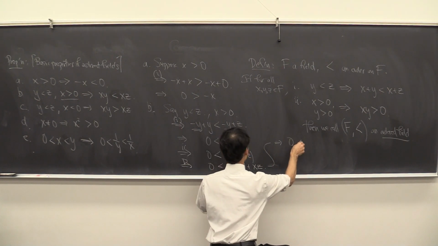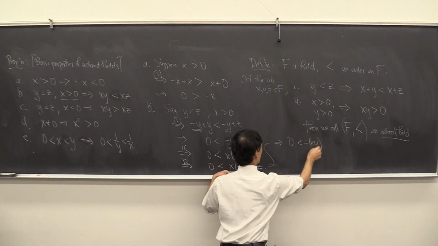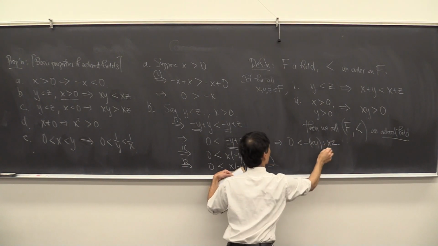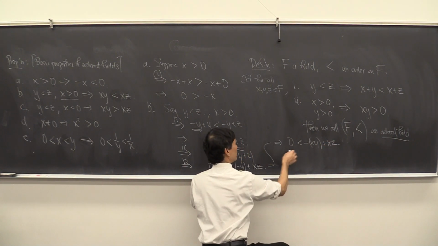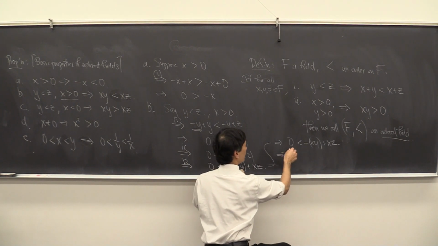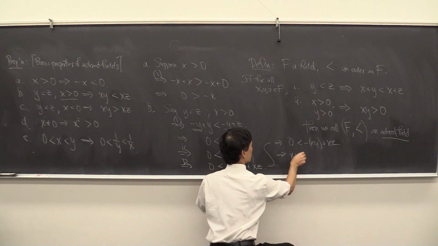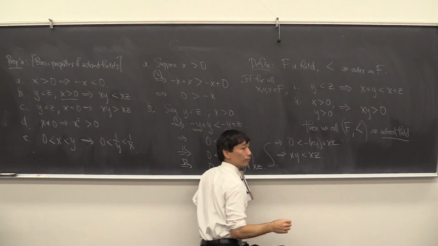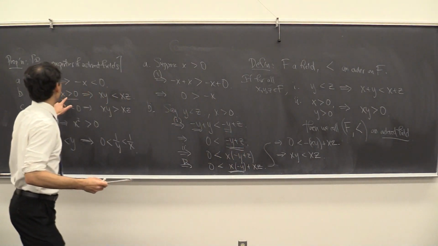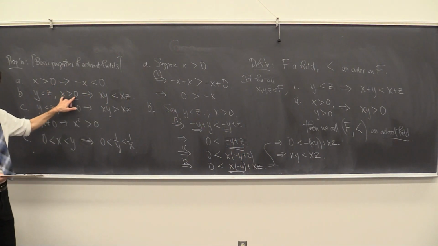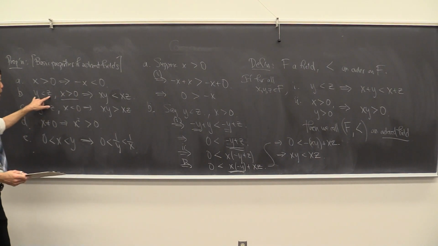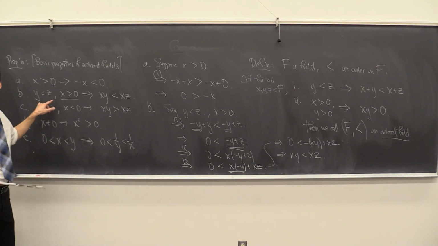So we get 0 is less than negative xy plus xz. We add xy to both sides, and we get xy is less than xz, which is what we wanted. We wanted to see that when you multiply by a positive element, then you preserve the inequality.